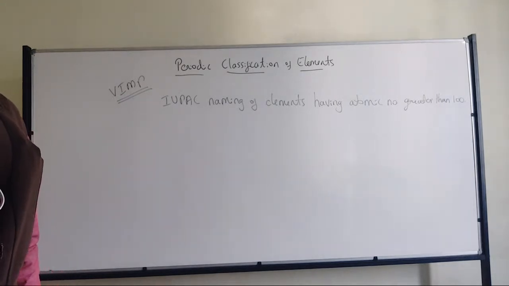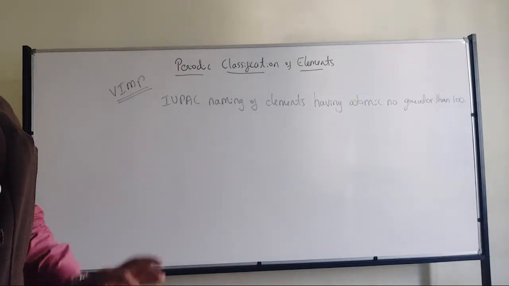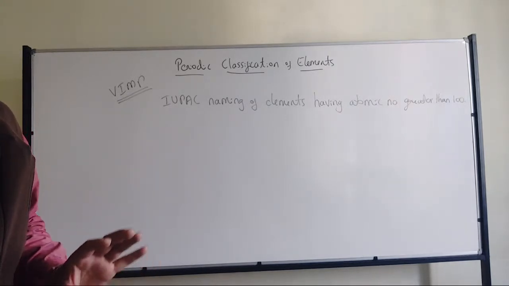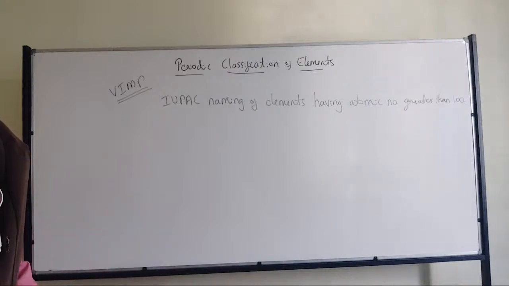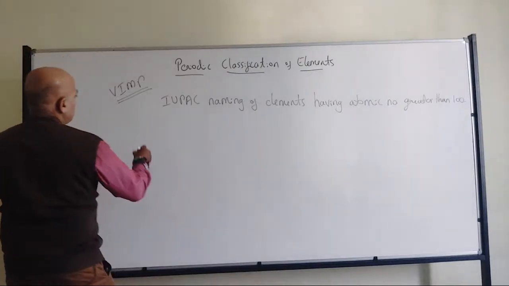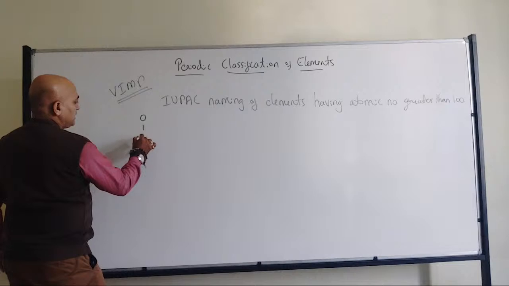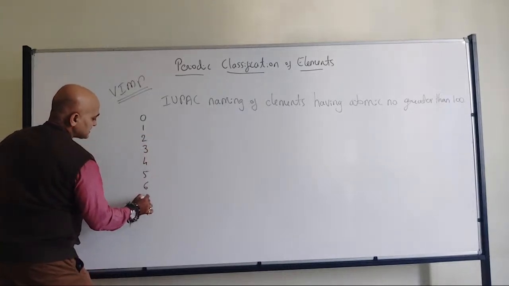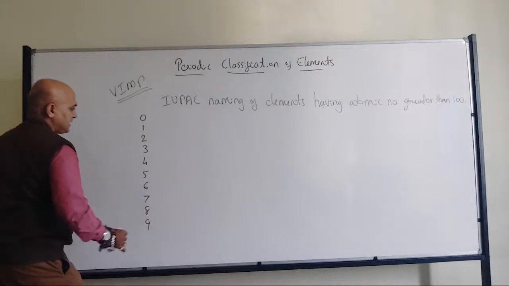To understand this, first we should know the abbreviations which will be given. For example, we have 0, 1, 2, 3, 4, 5, 6, 7, 8, 9.